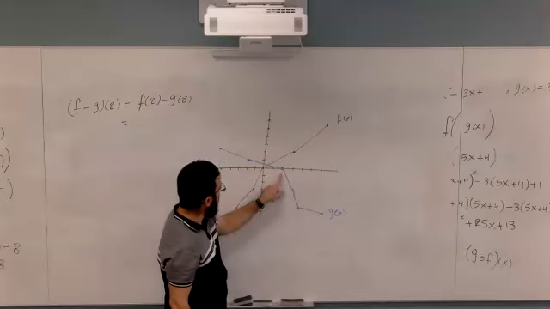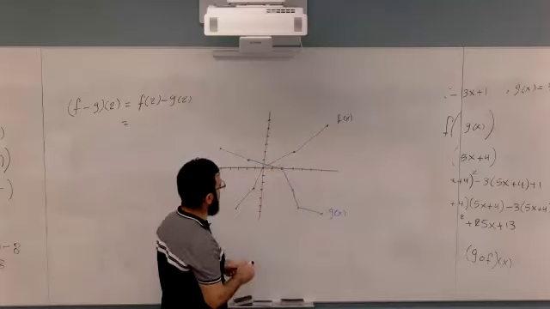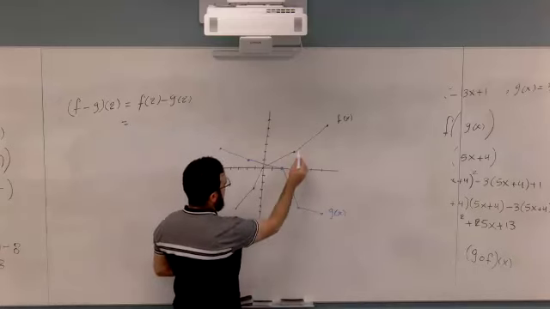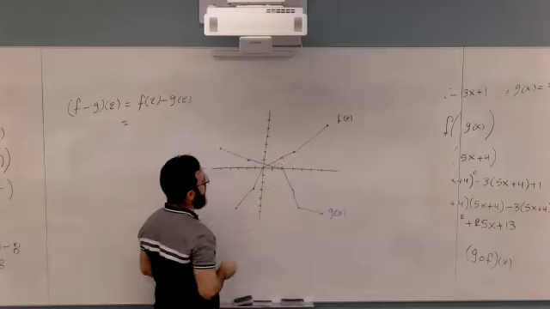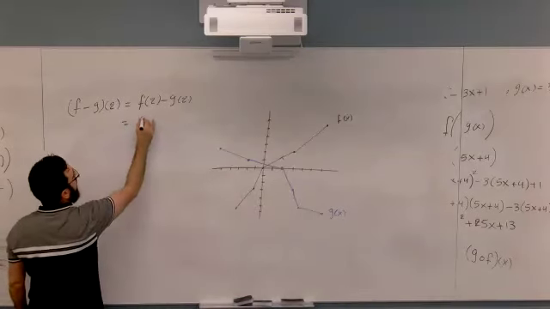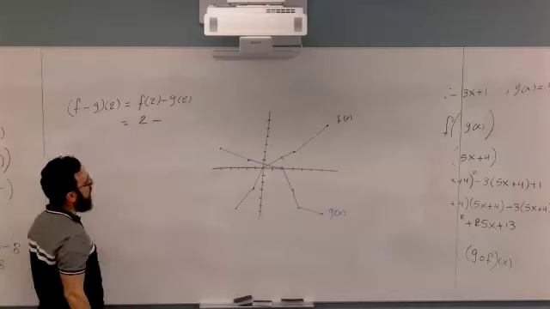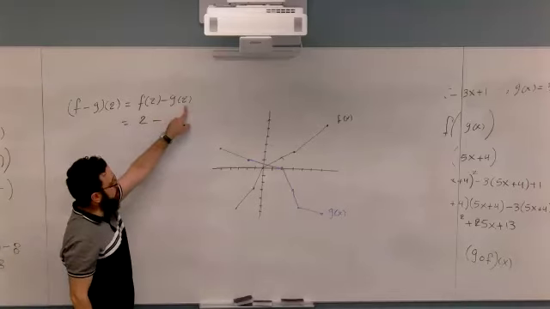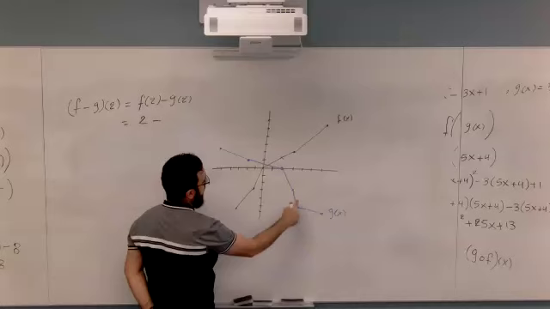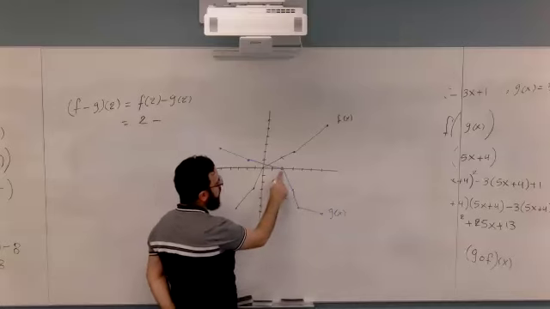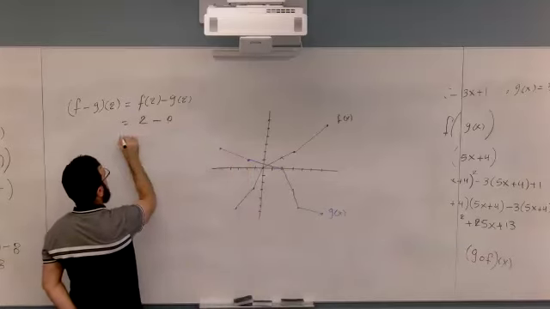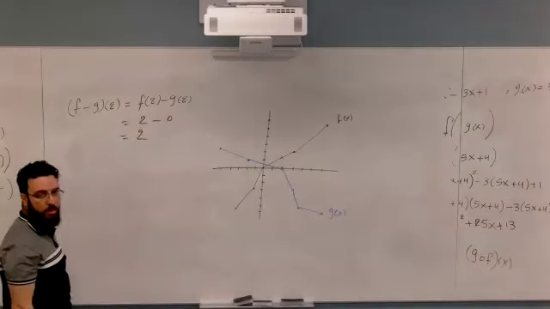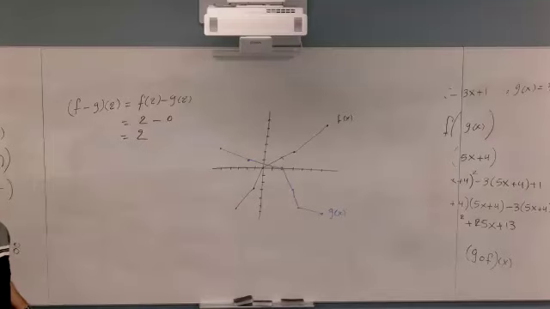When x equals 2, how much is the y value? The y value is 2. So how much is the result here? 2 minus g of 2. See the blue one? When x is 2, how much is the value of g? So how much is the result? You know what we're doing? We're finding the y value.